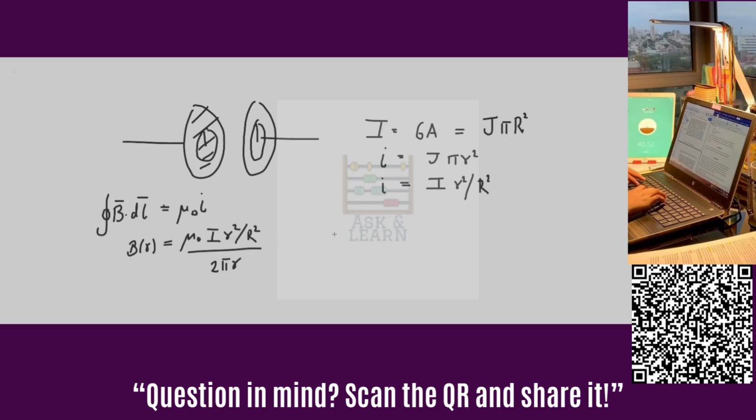Now let's start with section A. We need to find the radius inside the capacitor at which the magnetic field is 75% of the maximum.